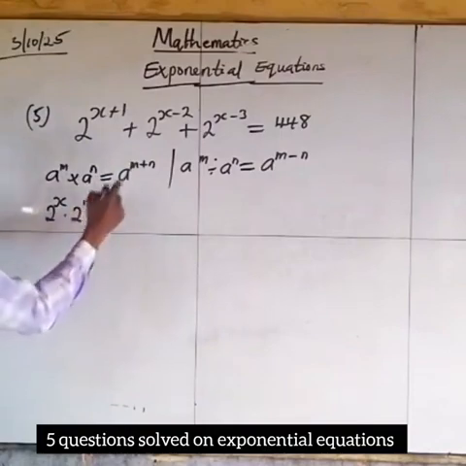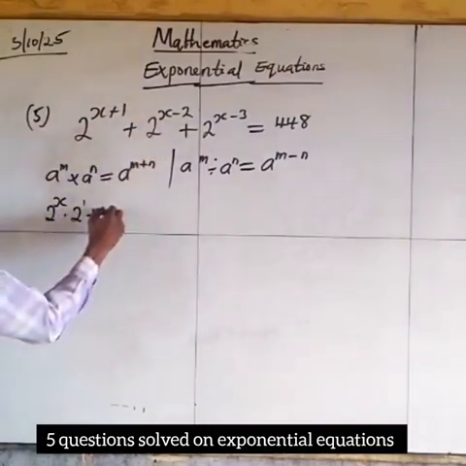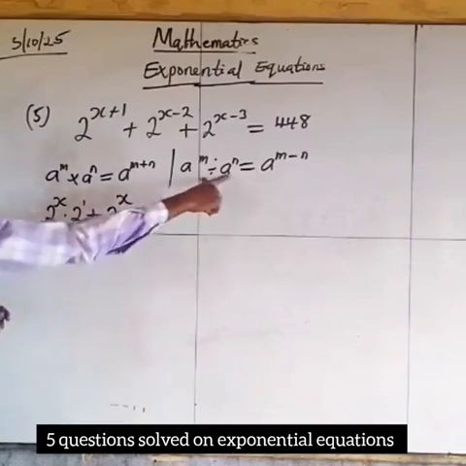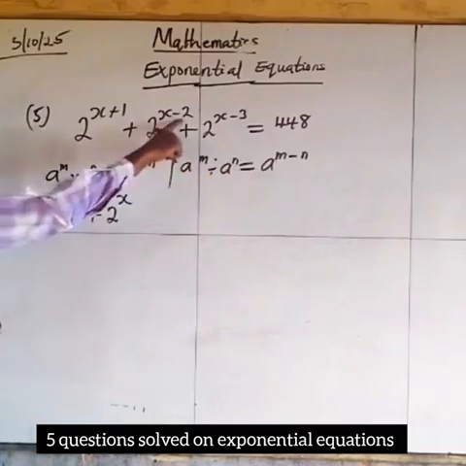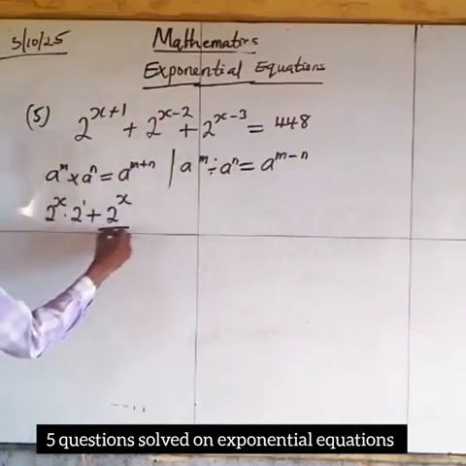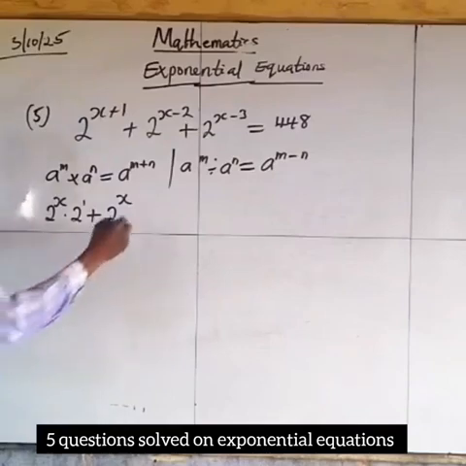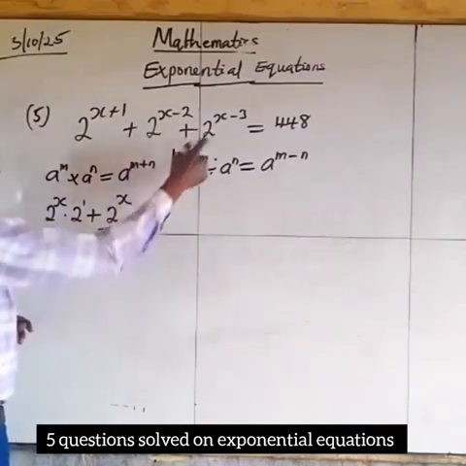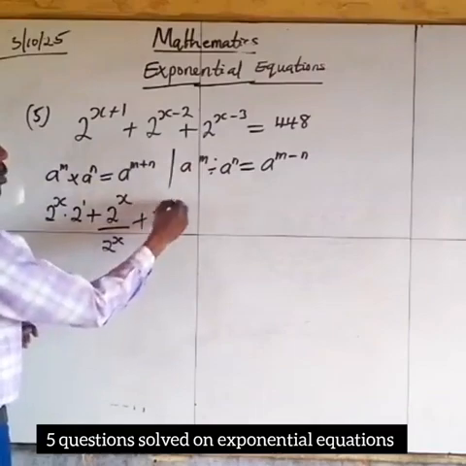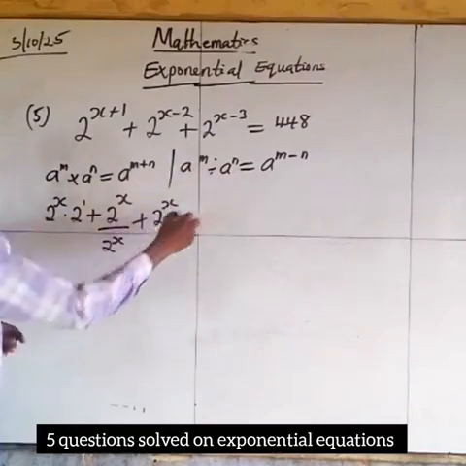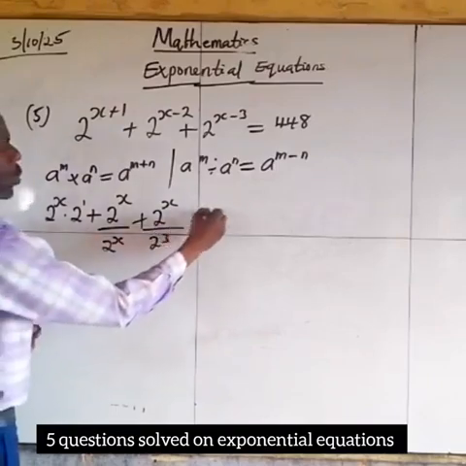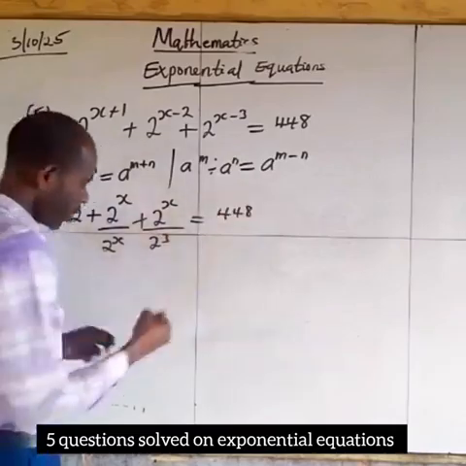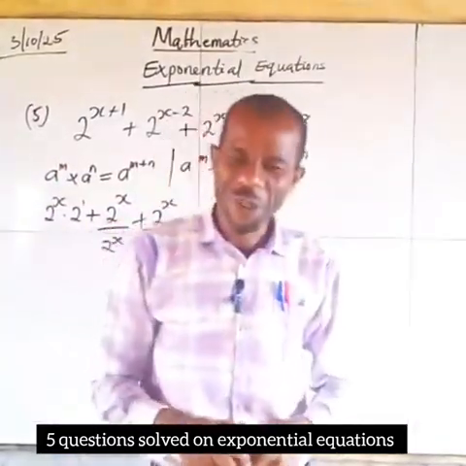Then plus 2 raised to the power x, and here we have this law where we have to subtract the powers, so it means it's a division. So it becomes all over 2 raised to the power 2. Then plus 2 raised to the power x, also applying this law, all over 2 raised to the power 3, equal to 448.